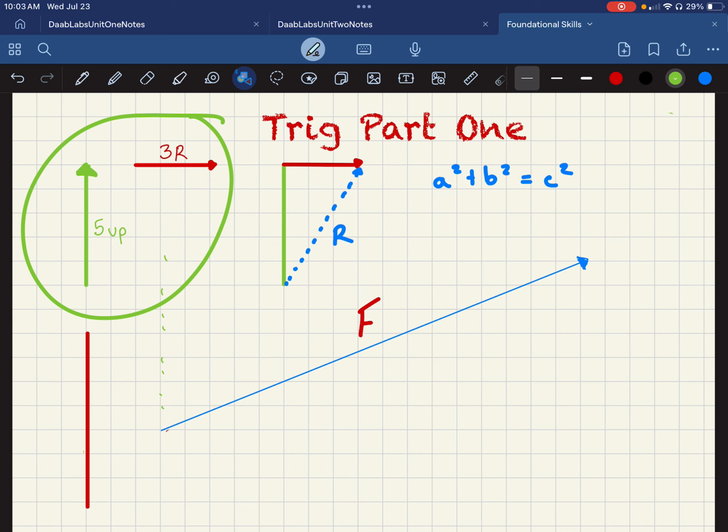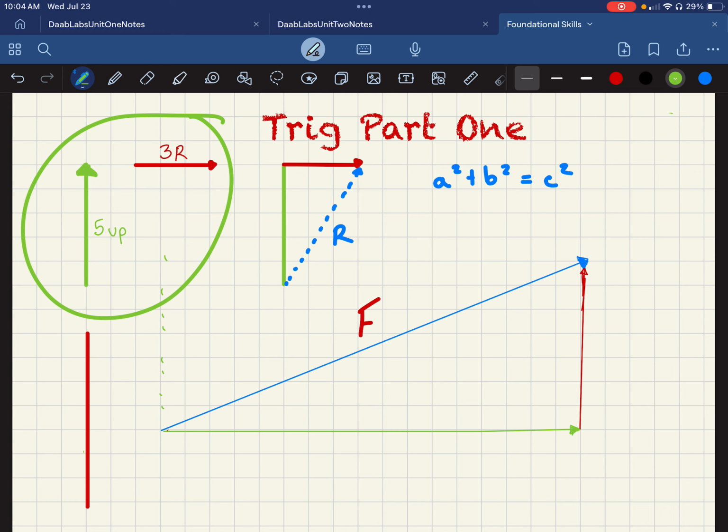So let's just draw my horizontal component here. I know it's not perfectly straight, but just assume that it's straight. And then we've got this here. Once again, I know it's not a perfect 90-degree triangle. But you can see what's happening here is we're taking this vector and we've now split it.